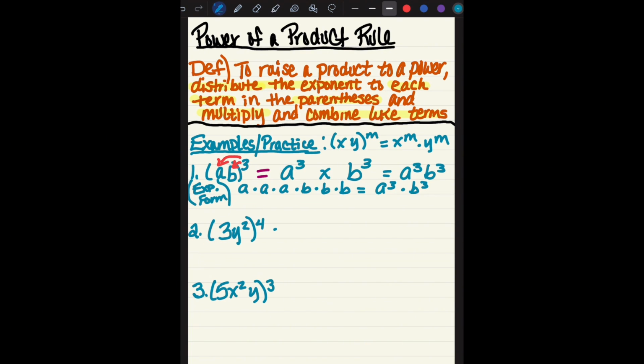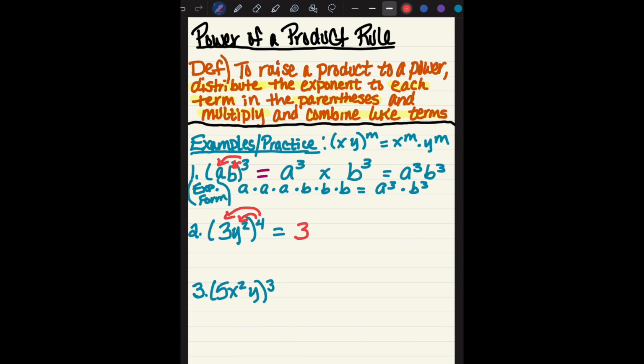First, we distribute the 4 to the 3 and to the y squared. The reason I'm doing that is because 3 and y squared are each a term. The 3 is the coefficient, but it's still a term, as is y squared.